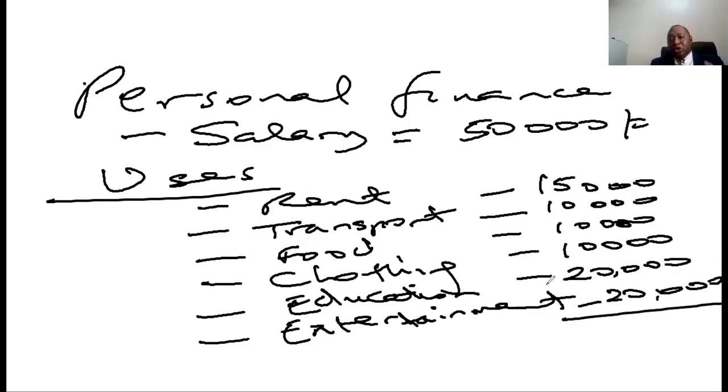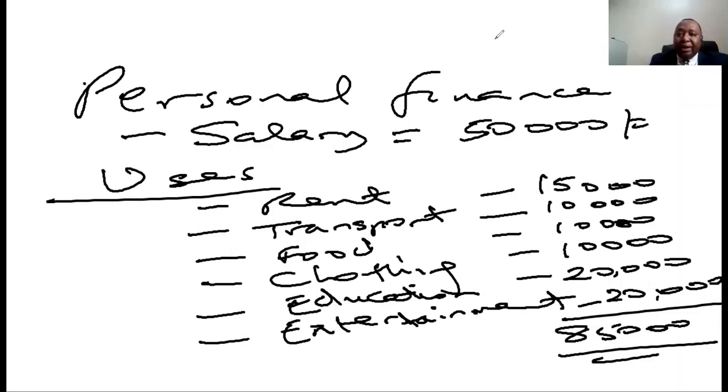Now, when we look at the total requirement, we see that we have more. That is 40, 50, 60, 70, 85. So total requirement is 85, but the source of income is only 50. So we must come back and ask ourselves, which of these are we going to remove? Which of these are we going to squeeze and reduce the expenditures? This is how we carry out our analysis, and finance can help you do this for an individual.